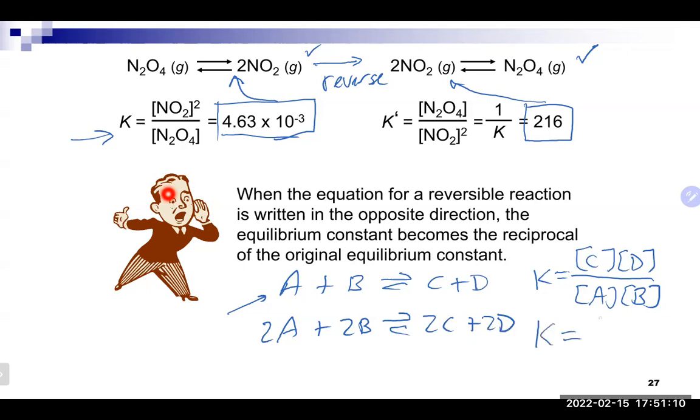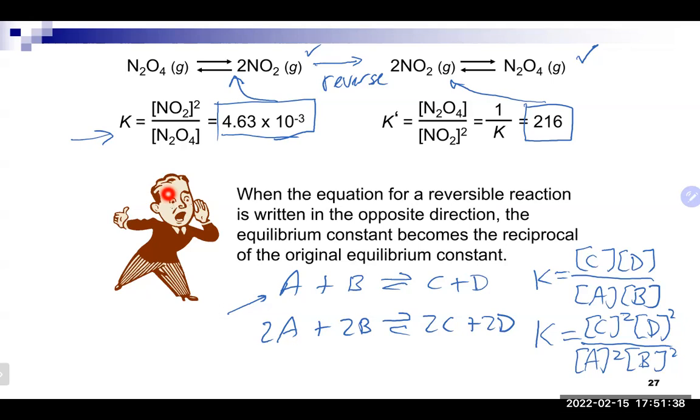The K for this equation would be the concentration of C, squared, times the concentration of D, squared, divided by the concentration of A squared and the concentration of B squared. So what we see here is if we need to take an equation and multiply by a common number, which sometimes happens, in this case, we multiplied by 2.